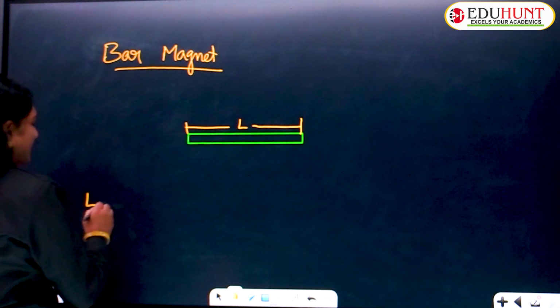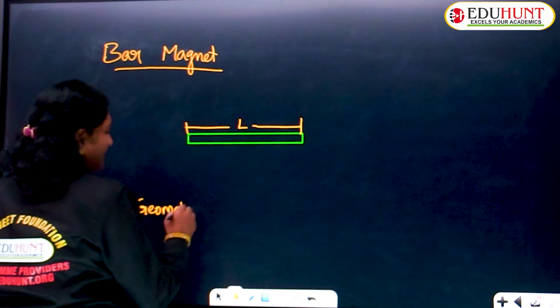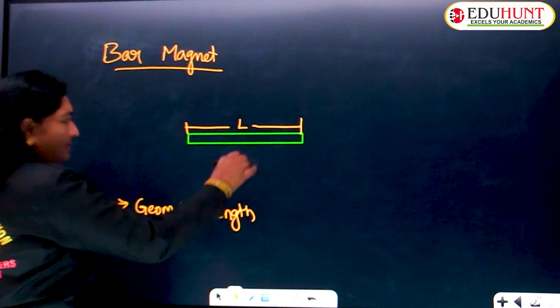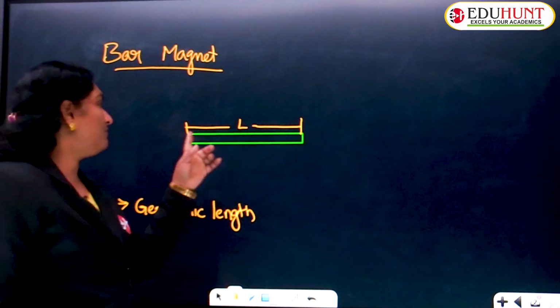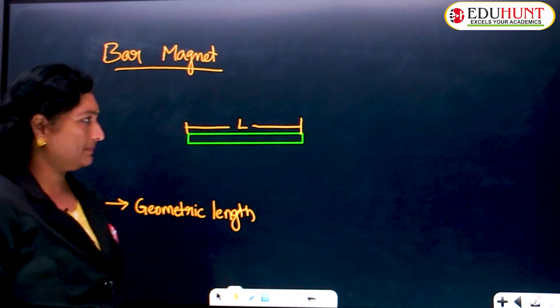So what is L, children? L indicates the geometric length of the bar magnet. Whatever length you measure with the scale, from one end to the other, gives the geometric length.